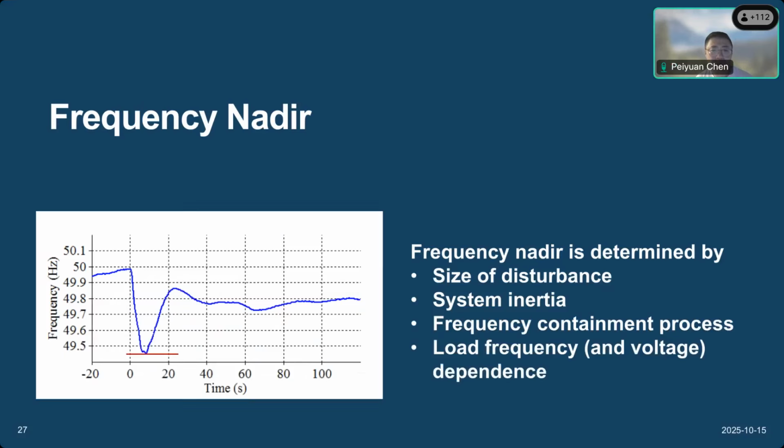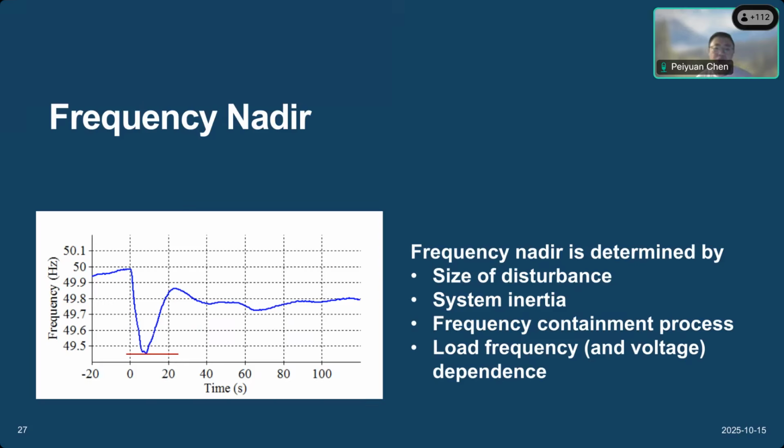It is important for our dynamic model to be able to capture the frequency nadir, which is primarily determined by the size of the disturbance, the system inertia, or the rotational energy, as we showed in the previous slide, the volume, and then the speed of the frequency containment process, which is also called primary frequency control in, for example, the American literature.